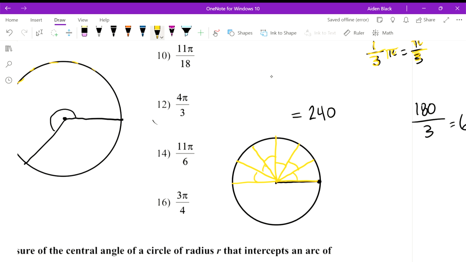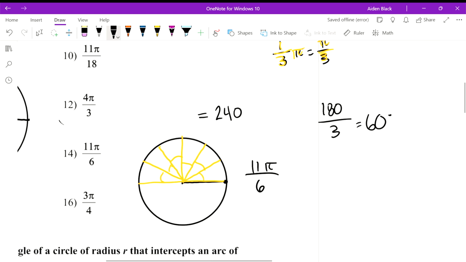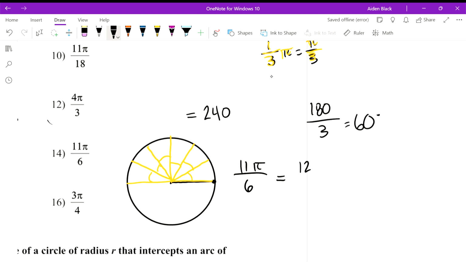That's half a circle. 6 pi sixths is just pi. So, what is 11 pi sixths? Well, the way I like to look at it is 11 pi sixths is 1 pi sixth less than 12 pi sixths.